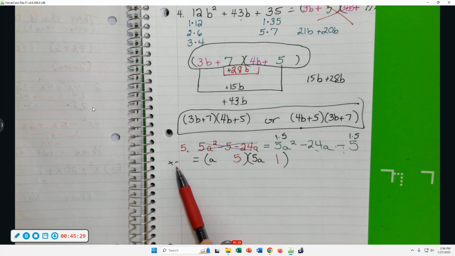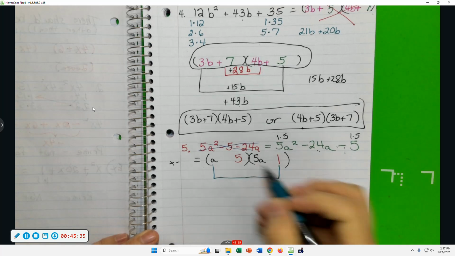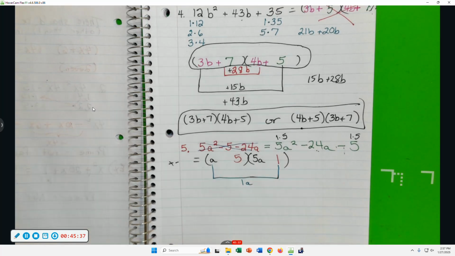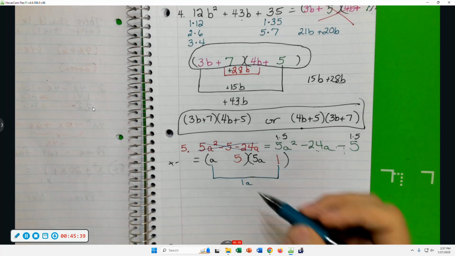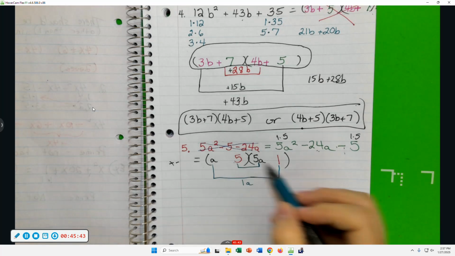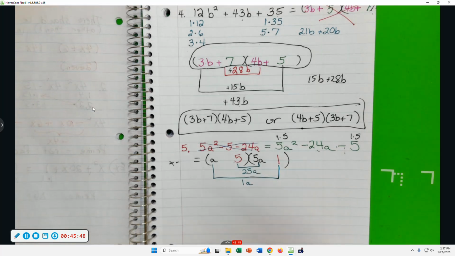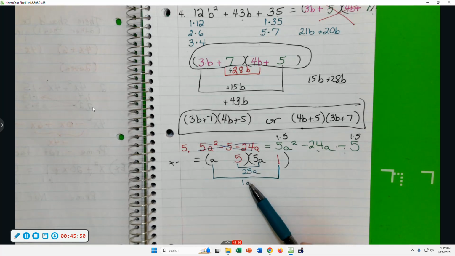Let's check the outer and inner products. What's the outer product? A times 1, that's 1a. What's the inner product? 5 times 5a, that's 25a. So we have a 25a and a 1a.